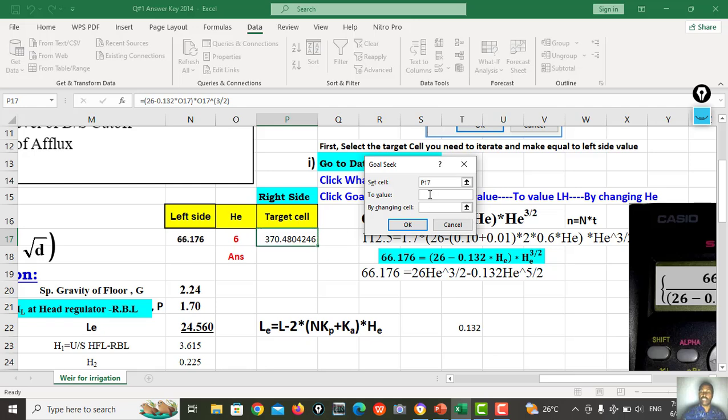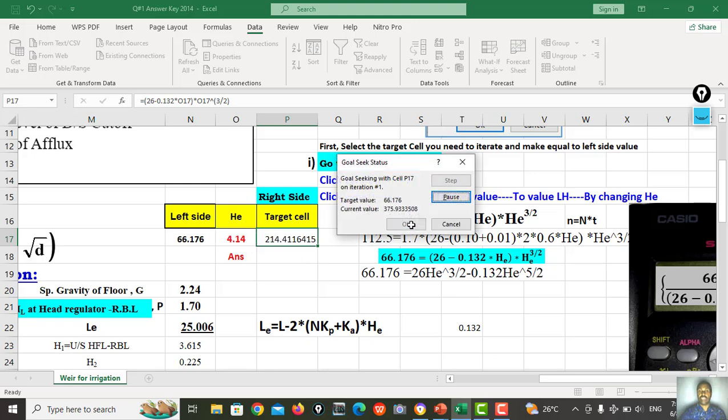Then I will just put 66.176. Then by changing this value, you can iterate using Excel.